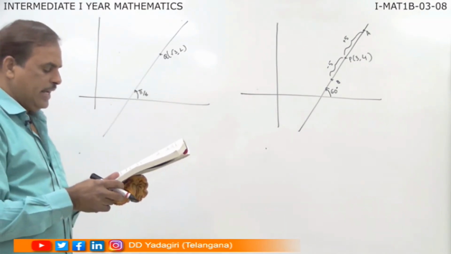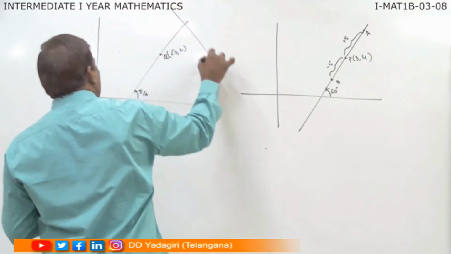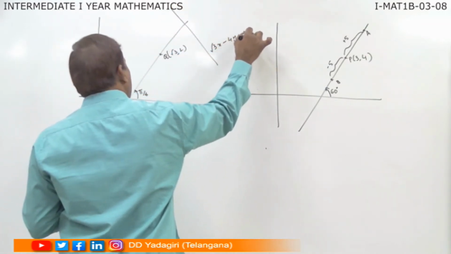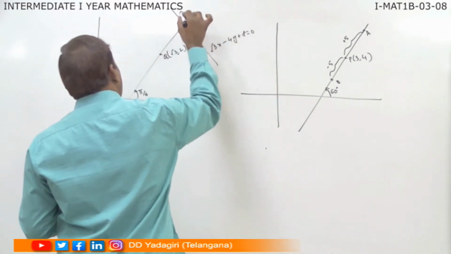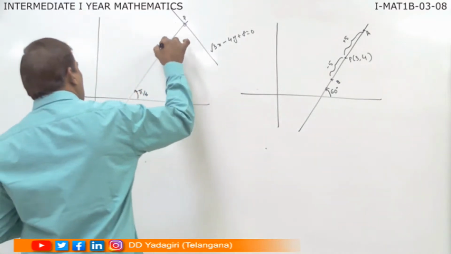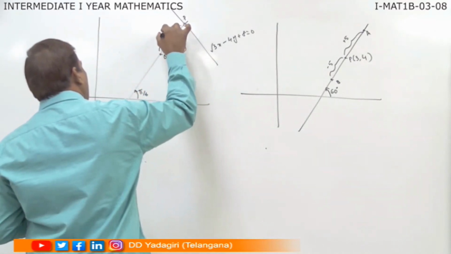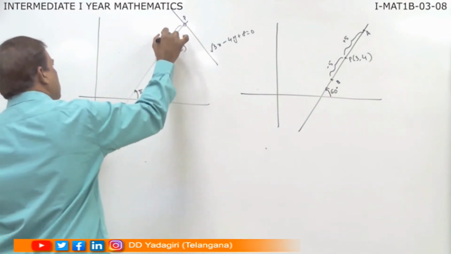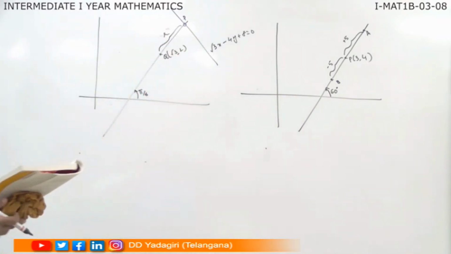If the straight line intersects root 3x minus 4y plus 8 is equal to 0 at P, then find the distance PQ. This distance we have to find out.